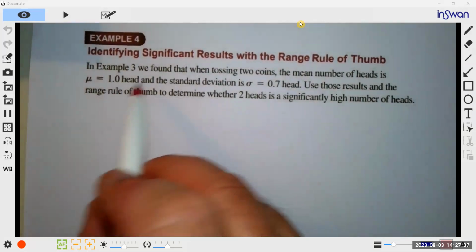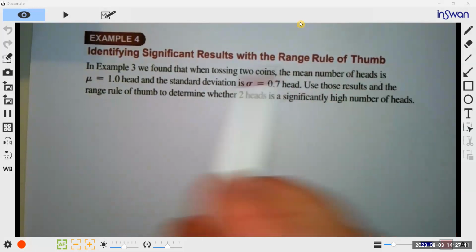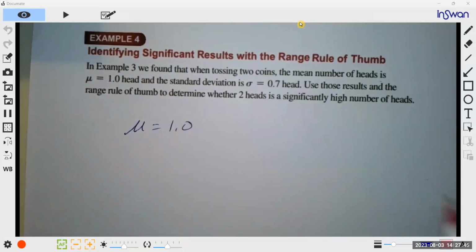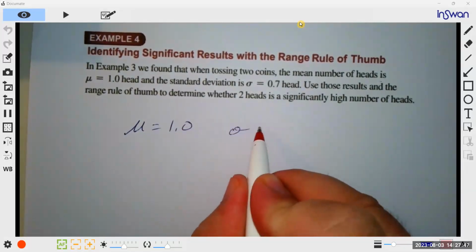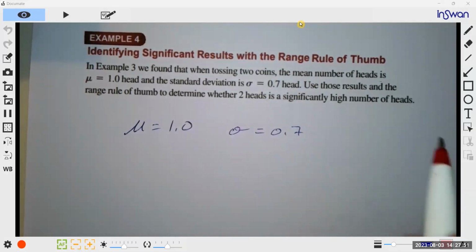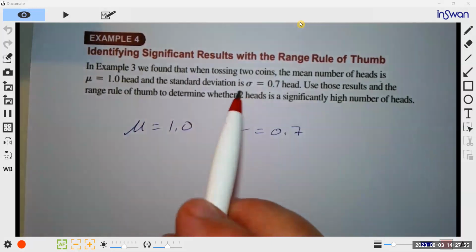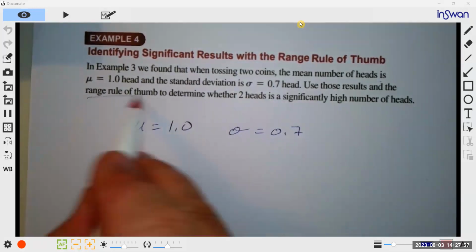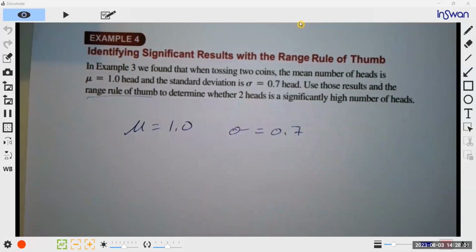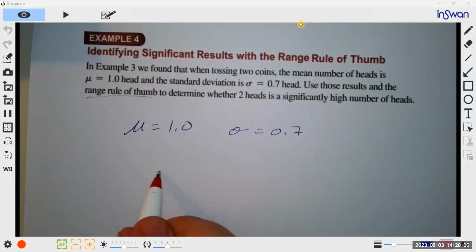All right. In example 3, we found, tossing coins, the mean number of heads is mu equals 1.0, and the standard deviation was 0.7. Use those results and the rule of thumb, the range rule of thumb, that's what it's called, to determine whether 2 heads is a significantly high number of heads.